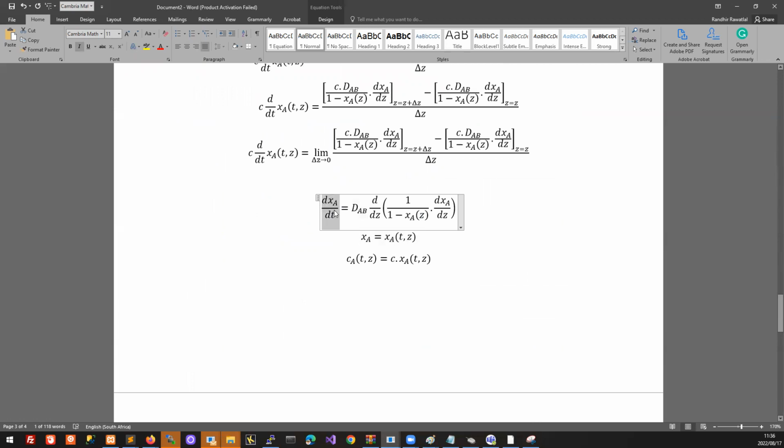So how are the changes in time related to the changes in space? That's a differential equation, a relationship of changes.